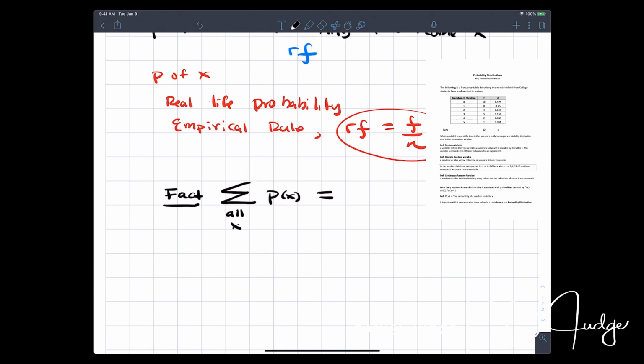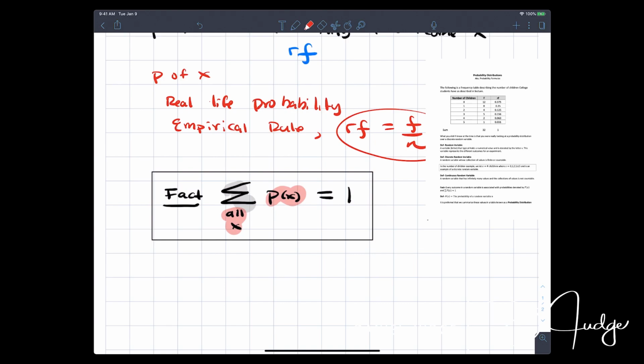When we add these probabilities, the answer is 1. Reading left to right: sum. What are we summing? Probability values, P of x, for which values of x? Every value of x. What does that sum equal? The value 1. That's a fact here.